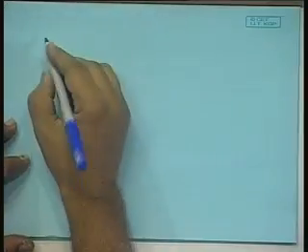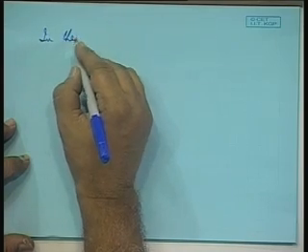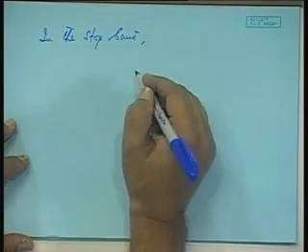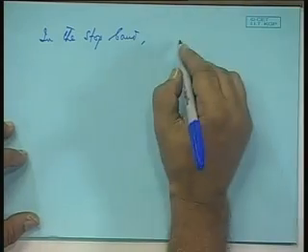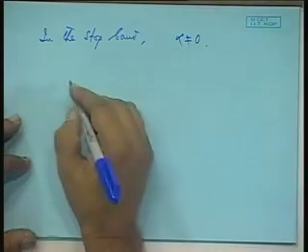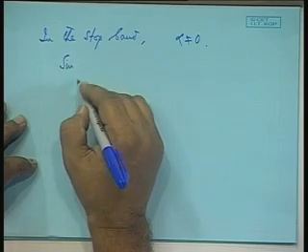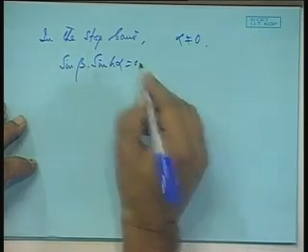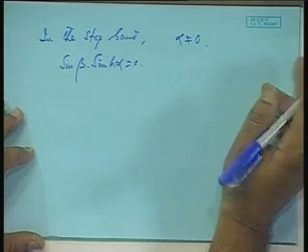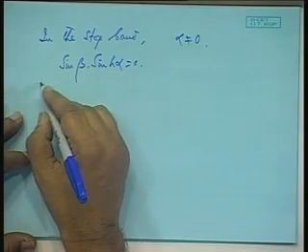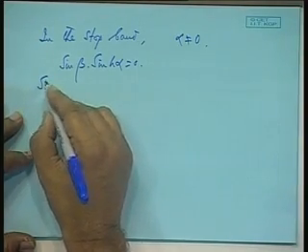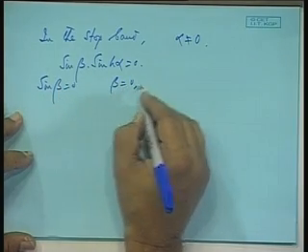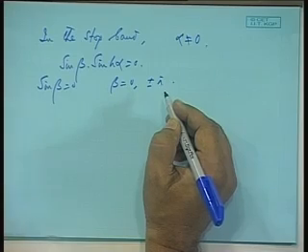where alpha is not equal to 0, we put the other condition: sin beta sin hyperbolic alpha equal to 0. Okay. That means there are two possibilities. If sin beta equal to 0, then beta can be either 0 or plus minus pi.